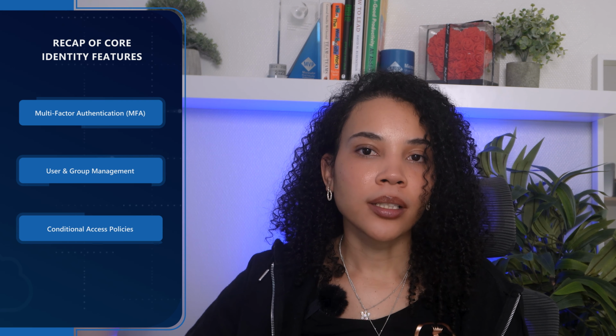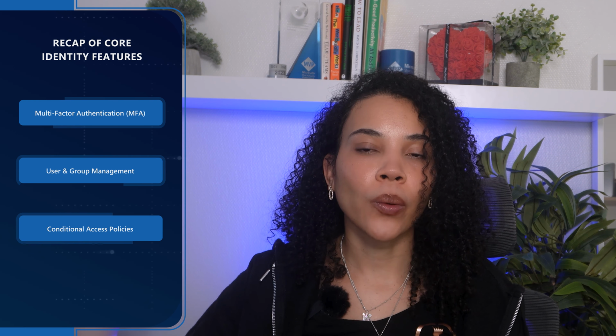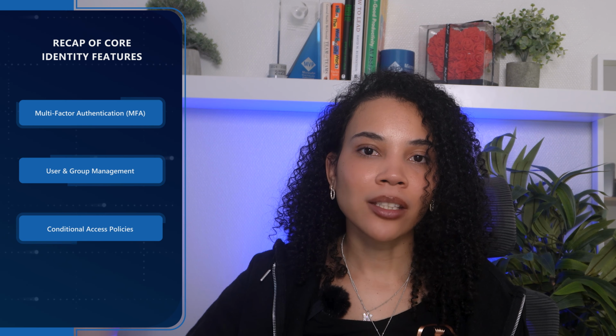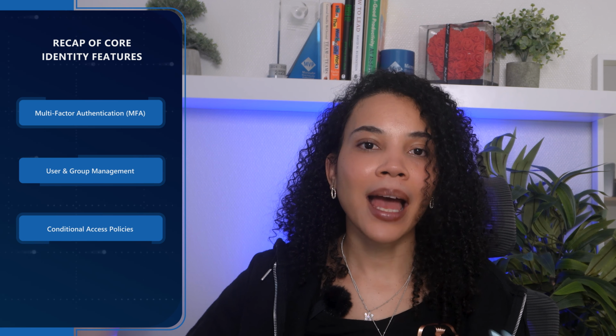Conditional access policies, so basic rules require MFA or block legacy authentication based on location, device, and applications. E3 gives you essential IAM controls that work great for small to medium-sized organizations. But as you scale, you'll need more automation. You'll need more visibility and just-in-time privileges. And that's where E5 really comes in.